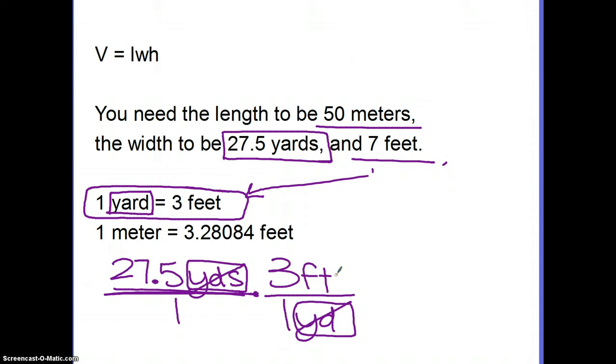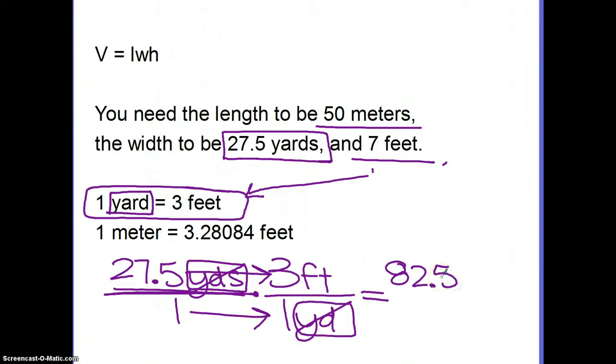Now we have to remember the way that we multiply fractions is straight across. And now I'm going to do 27.5 times 3, and I got 82.5. So I got 82.5 here.